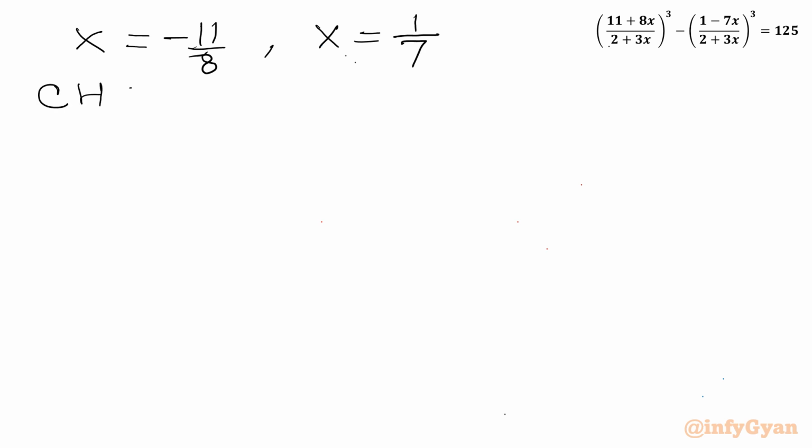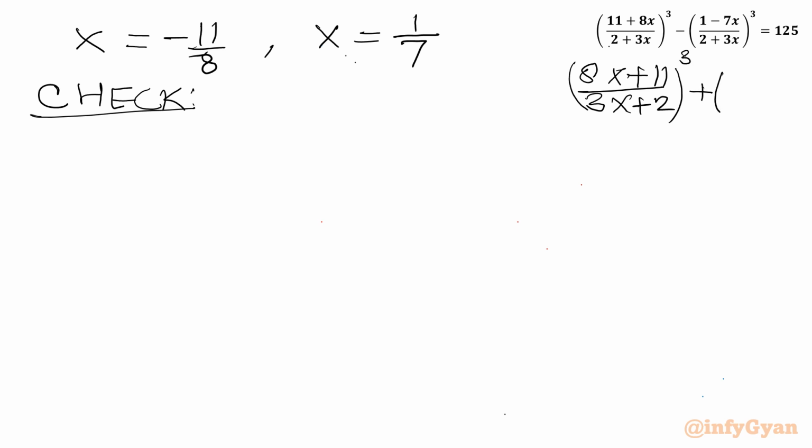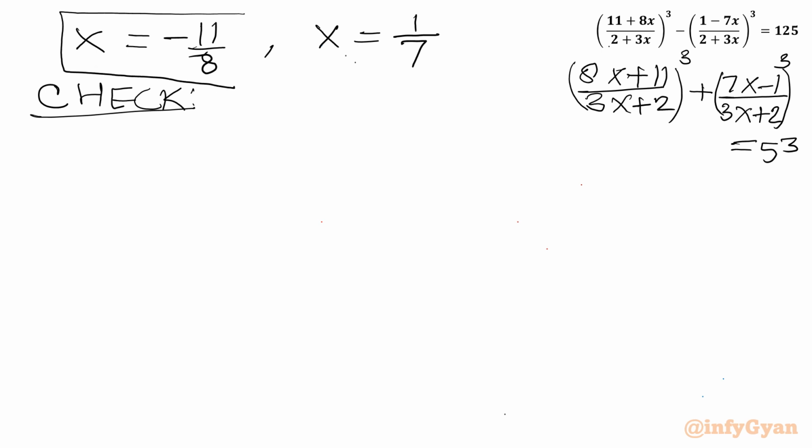Let me write here check, and I will consider the equation as ((8x plus 11) over (3x plus 2)) whole cube plus ((7x minus 1) over (3x plus 2)) whole cube equal to 5 cube. So let us begin with negative 11 over 8.